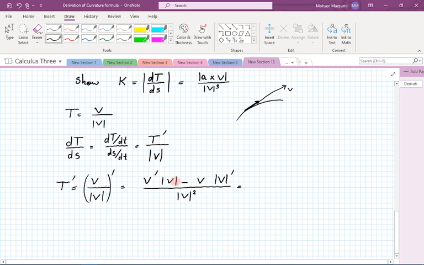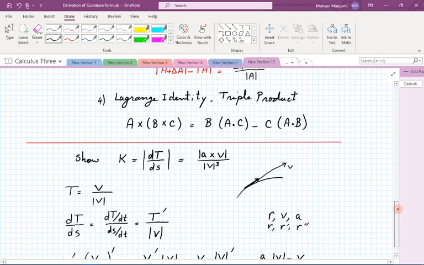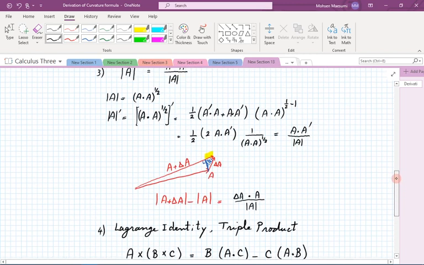Now, who is v prime? Well, you remember we have the cast of characters: position, velocity, and acceleration. So this is position, this is the velocity, this is acceleration. So v prime, derivative of v, is just a, and this is just speed, minus v prime. You might be wondering what are we going to do with all of these things.